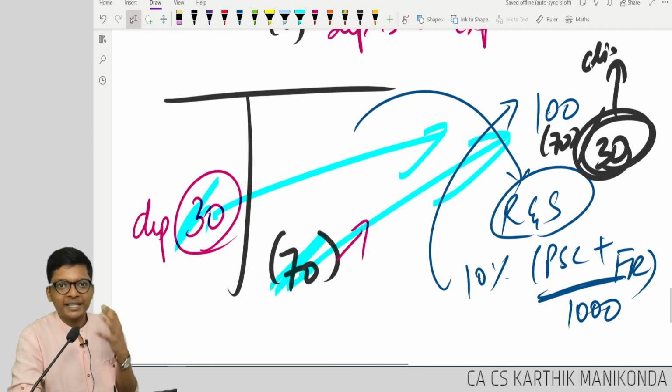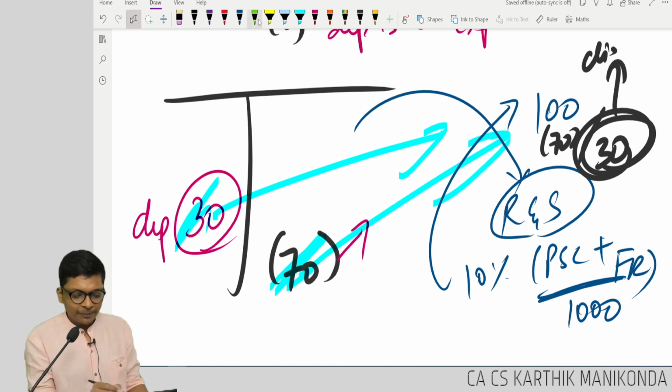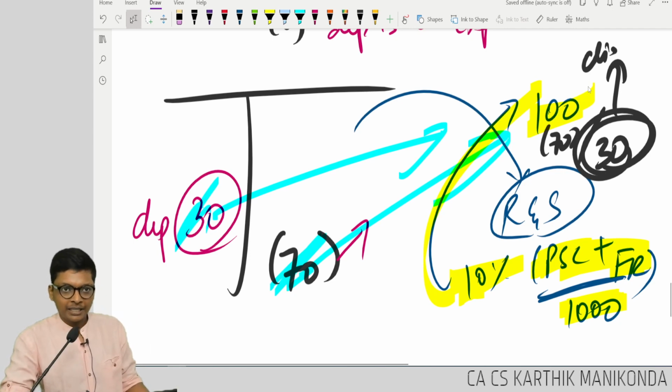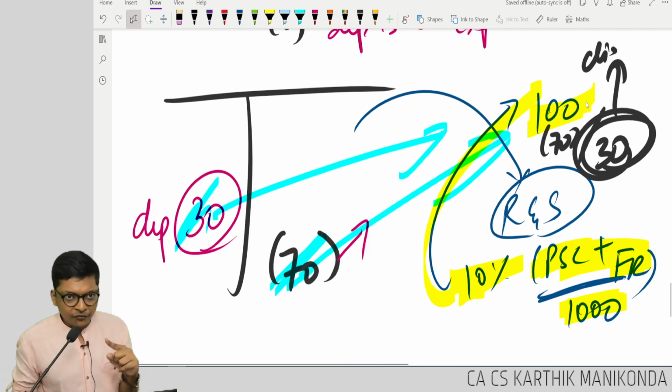First I am teaching you for the exam, guys. For the exam, law says if you are going to use previous year profit, what is my previous year profit? 10% of this I can withdraw. Assuming paid up share capital and free reserves is 1000, 10% is 100. Correct? Can I use the full 100 for paying dividend?